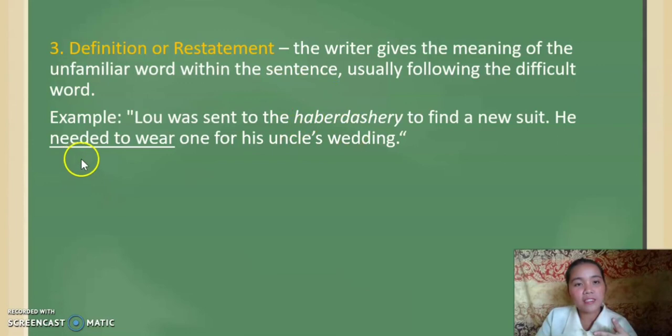There are two sentences here, but we can guess that the unfamiliar word haberdashery is a place for clothes because Lou will find a new suit to wear. The context clue is needed to wear. So meaning the haberdashery is a place for clothes. So it is still restating what the unfamiliar word is, or what haberdashery is.